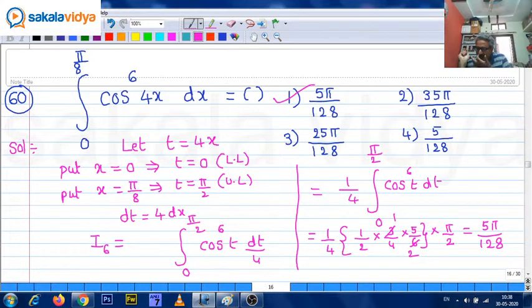Not exactly correct, Narla Venkateshwarlu. No option 5 pi by 128. 15 pi, how is it 15 pi? Right.